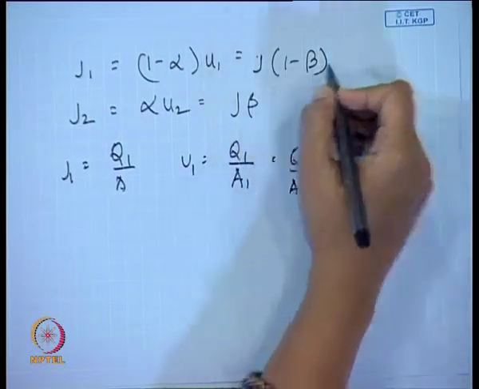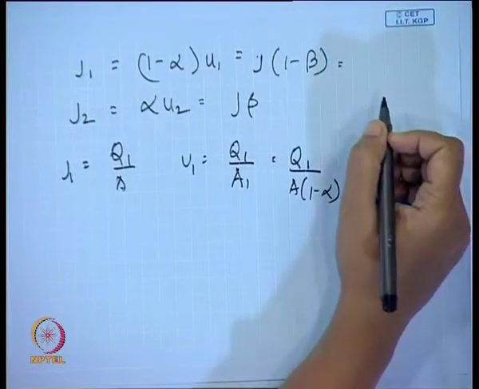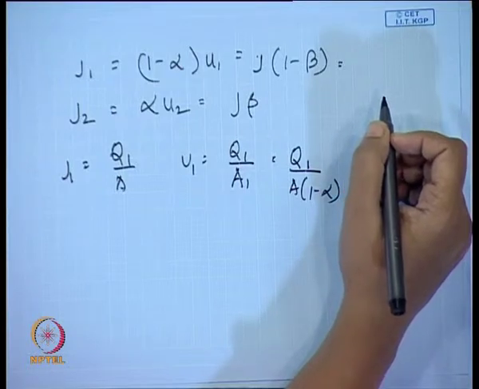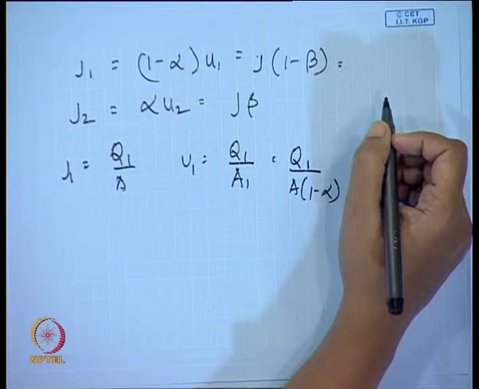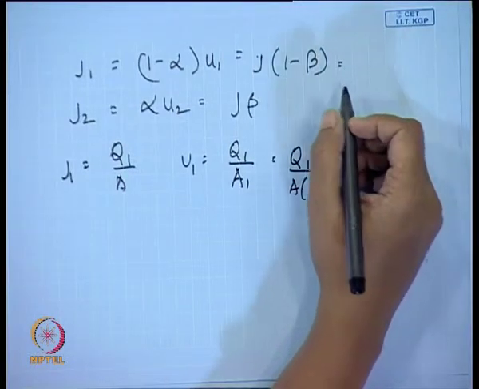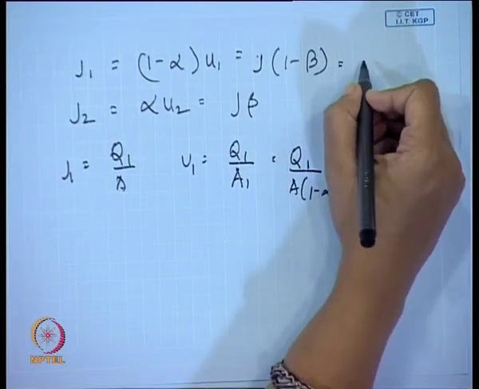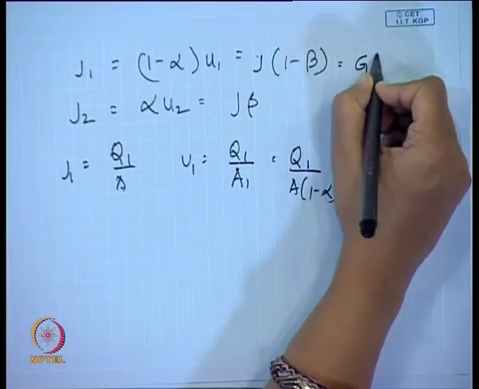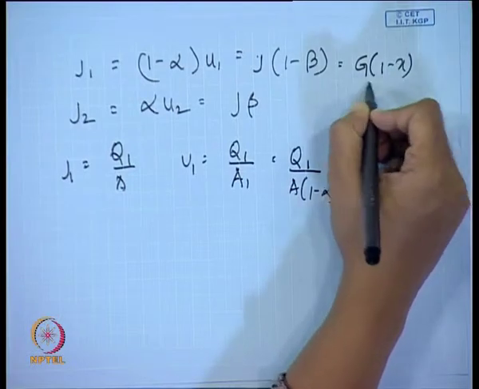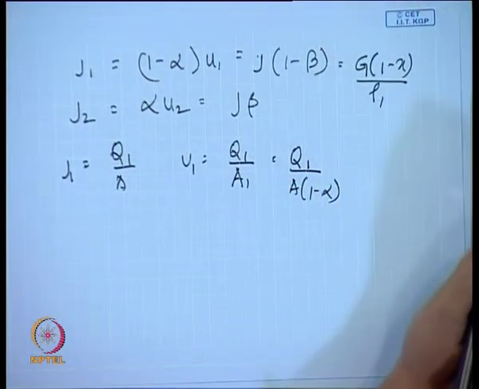Or in other words, suppose I would like to relate the mass flux and the volume flux. How are these two related? We know this is equal to G into 1 minus x by rho 1, yes or no?